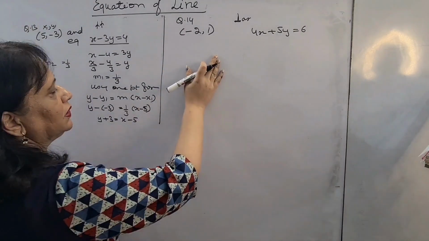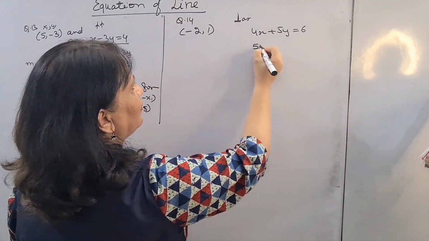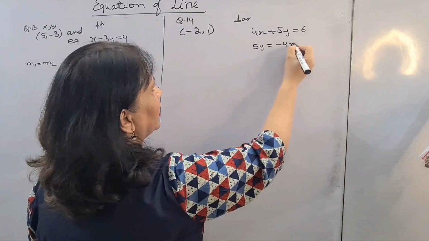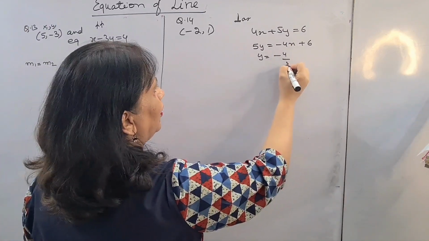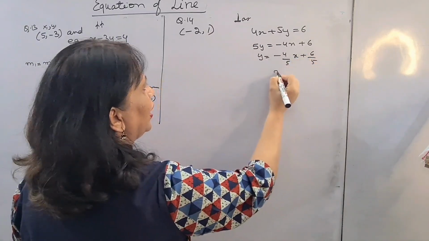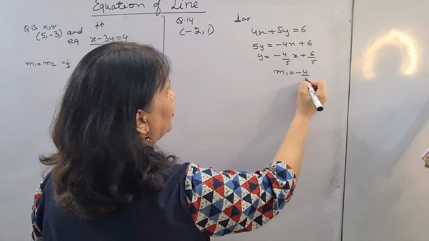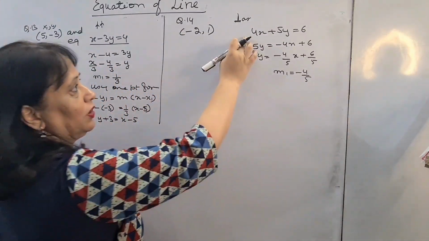Similarly, in this question, using slope-intercept form, you will get 5y is equal to minus 4x plus 6, or y is equal to minus 4 upon 5 x plus 6 upon 5. So m1 is minus 4 upon 5. I have to frame the equation of line which is perpendicular to it.